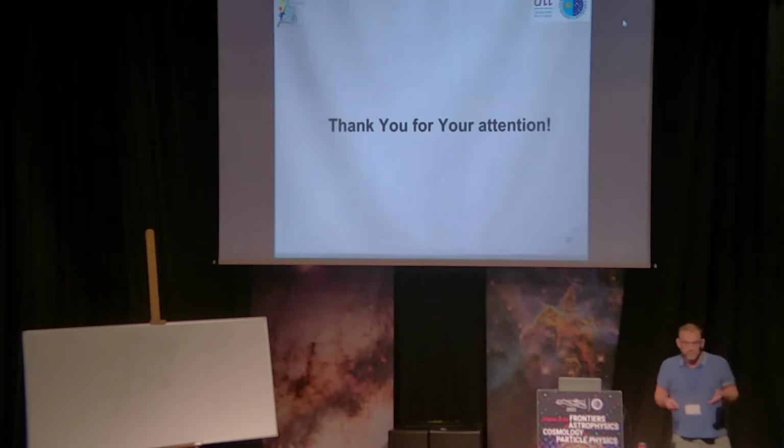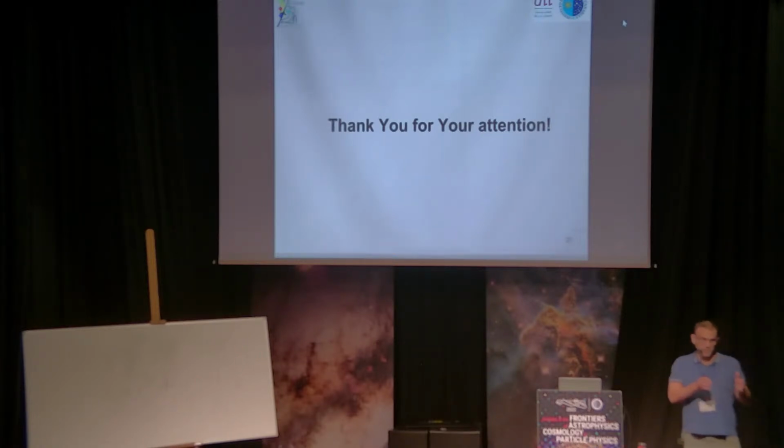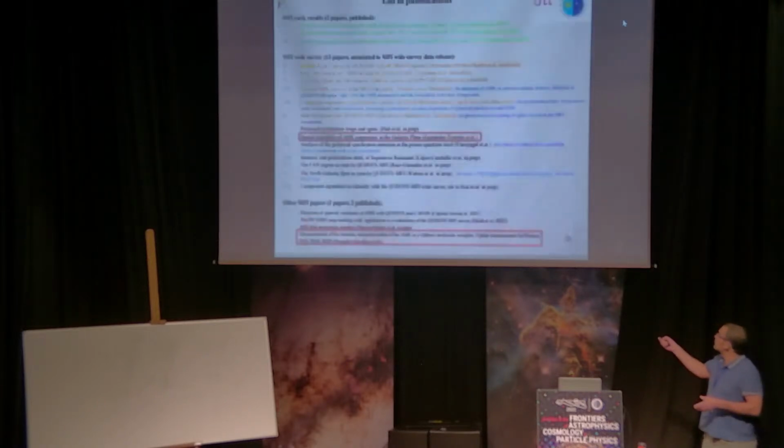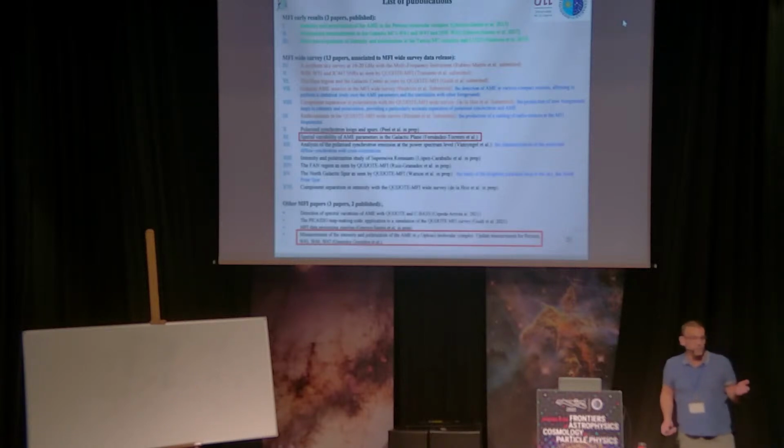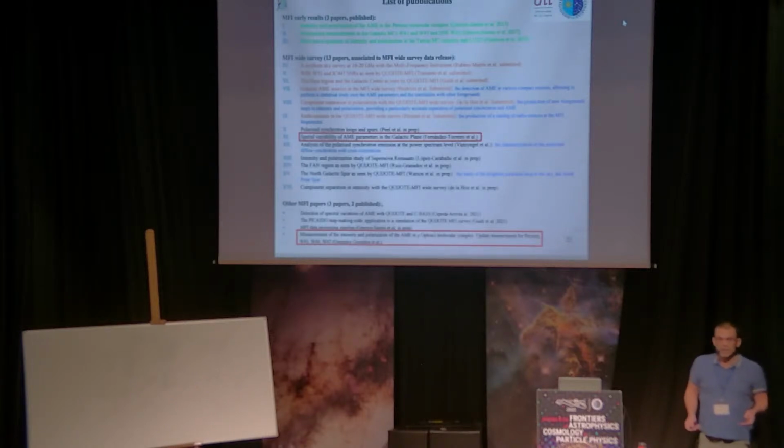About the foregrounds, we are focused on the low energy foregrounds, so synchrotron and AMI. As I showed you here, we have a lot of publications about the synchrotron. In the case of the AMI, we are also publishing some papers. The paper from Matteo is one of them. Mine is one of them.